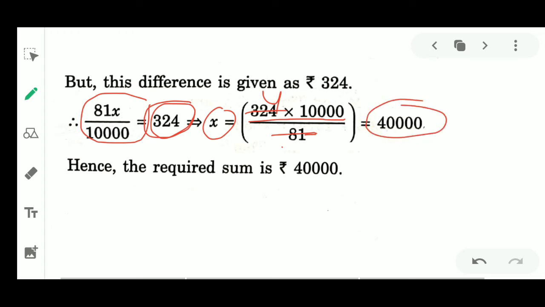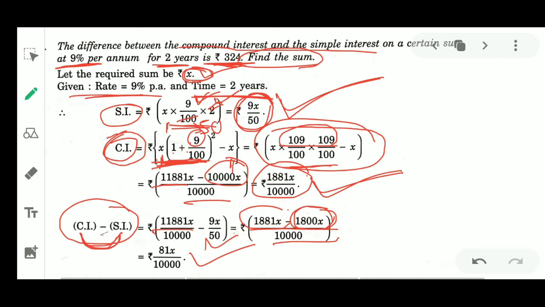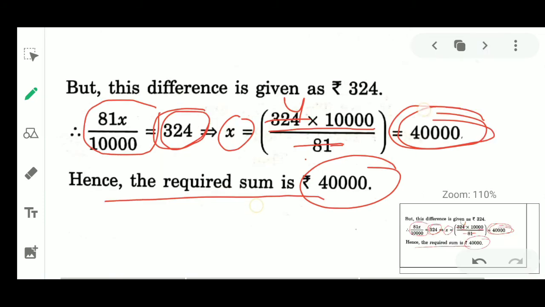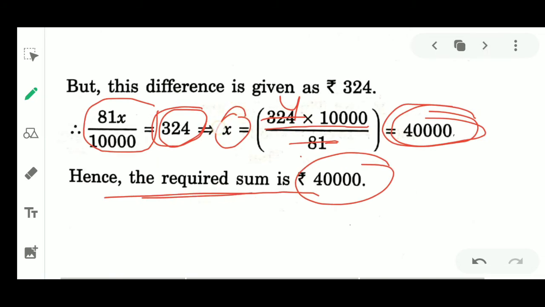So that is the sum. The required sum is 40,000, because first we have taken, let the required sum be x, that is the principal. So as you can see, x equal to 40,000. So the required sum equals 40,000.